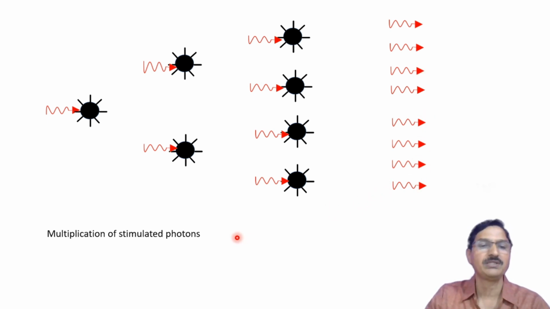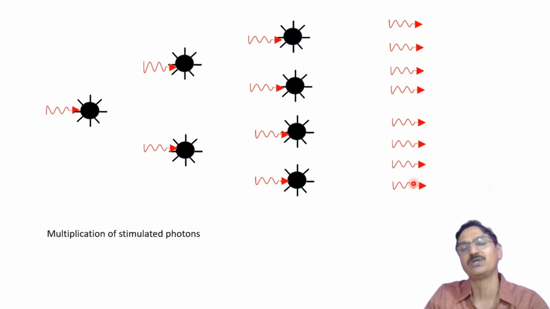In this way the multiplication process takes place, and this multiplication is avalanche multiplication. In a very short time a large number of photons will be emitted, and they will all be in phase and in the same direction, and hence an intense laser beam will be there.